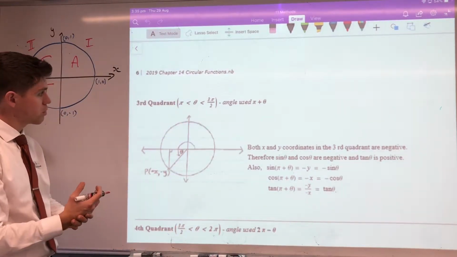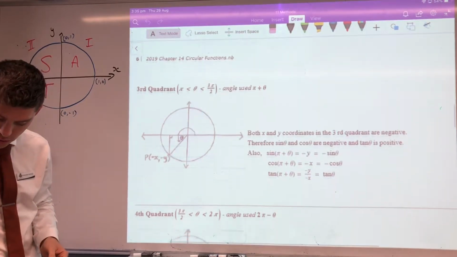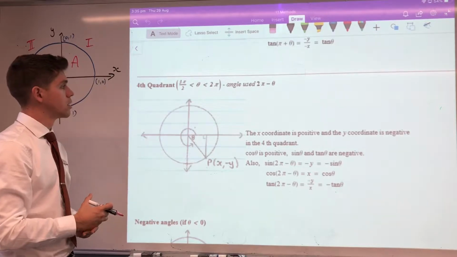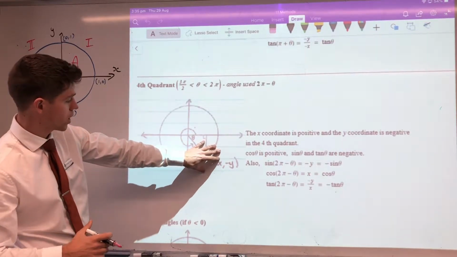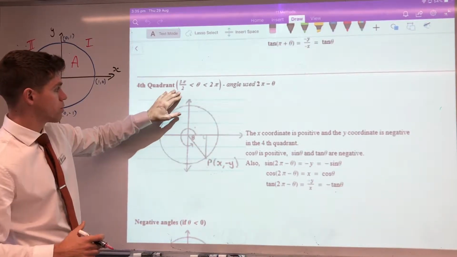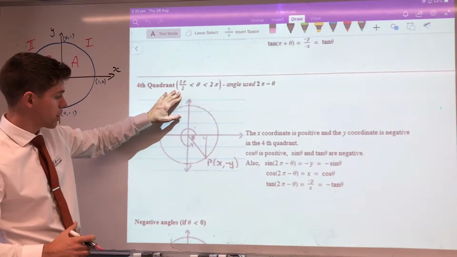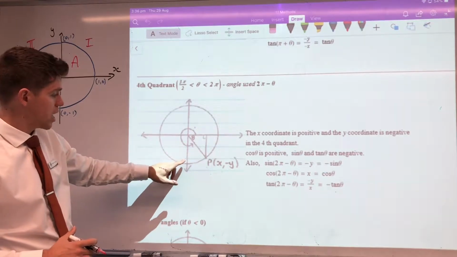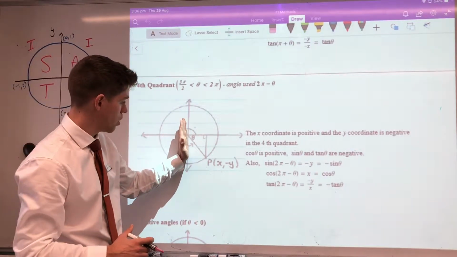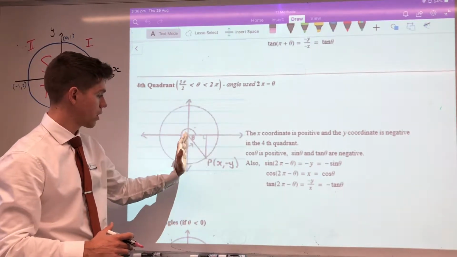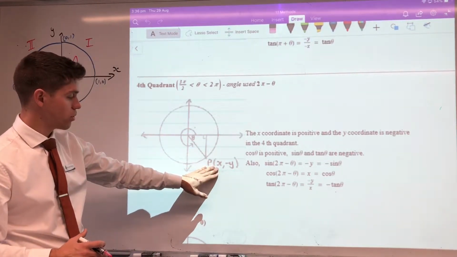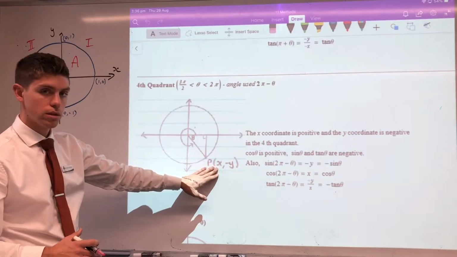So that just leaves us with the fourth quadrant. The fourth quadrant is referring to angles greater than 3 pi on 2 but less than 2 pi. And as we can see, if we're always dealing with values of x which are on the right hand side of the y-axis, then the x-coordinate will always be positive.